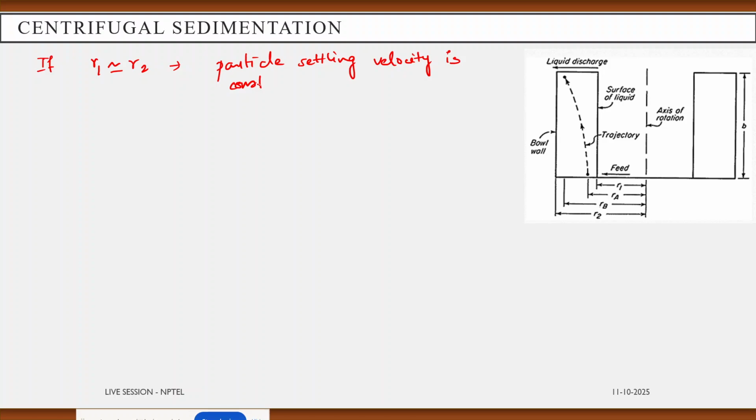That is ut equals R2 omega square, dp square by 18 mu.